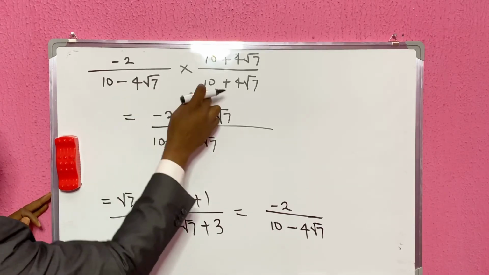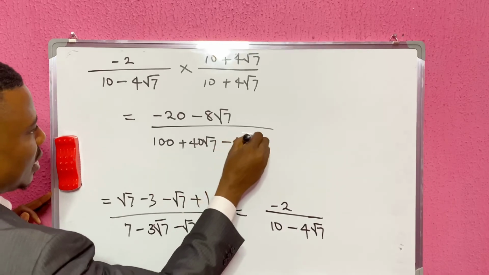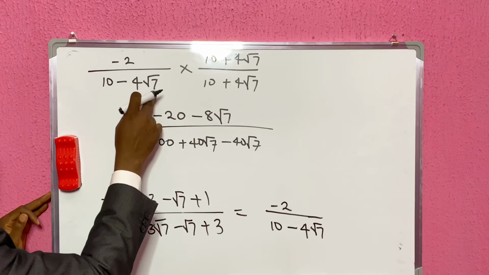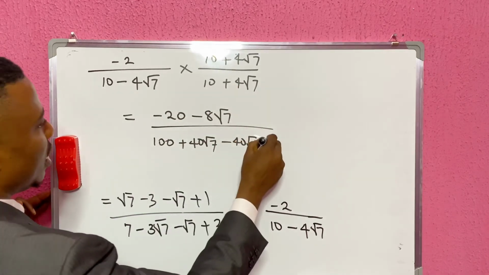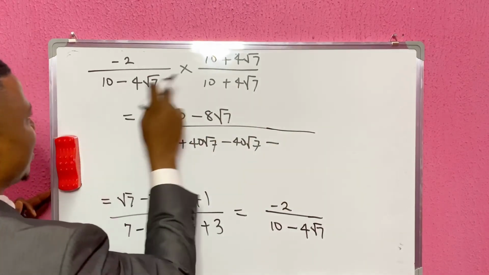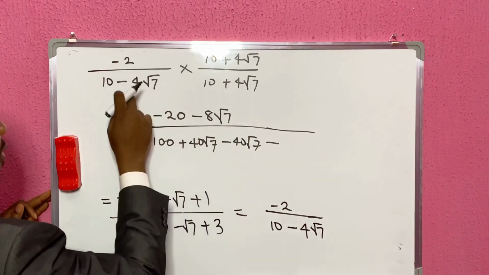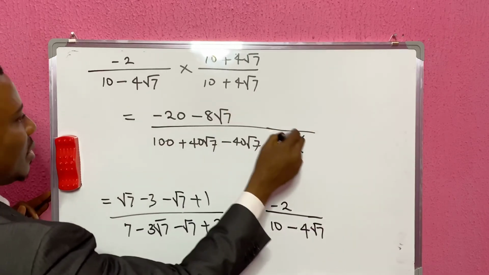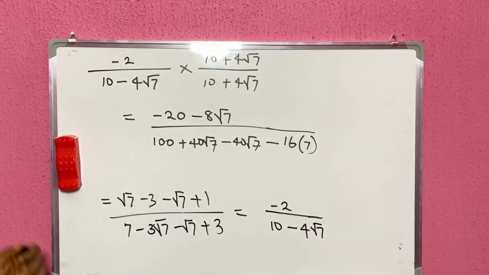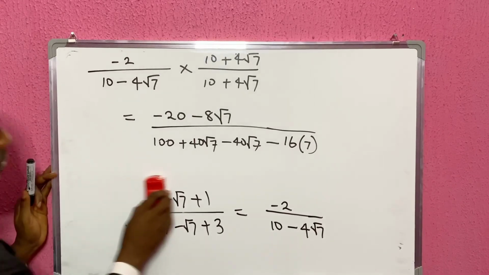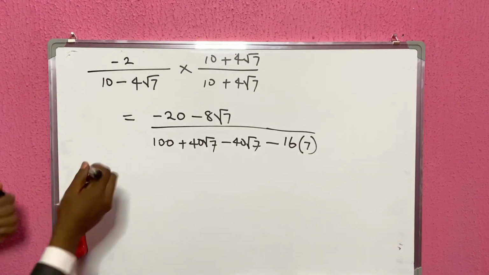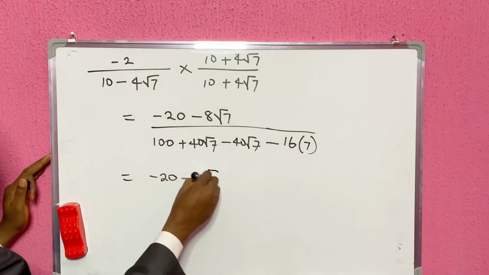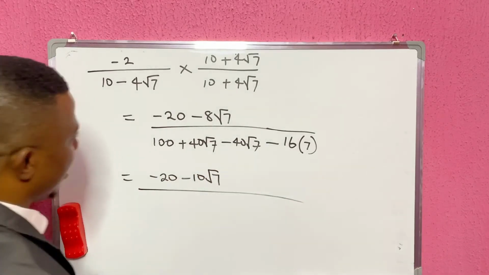Minus 4 root 7 times 10, minus 40 root 7. Minus 4 root 7 times plus 4 root 7: minus times plus is minus. 4 times 4, 16. Root 7 times root 7 gives you 7. You have minus 20 minus 10 root 7 all over.